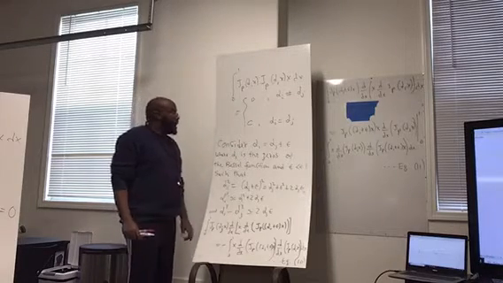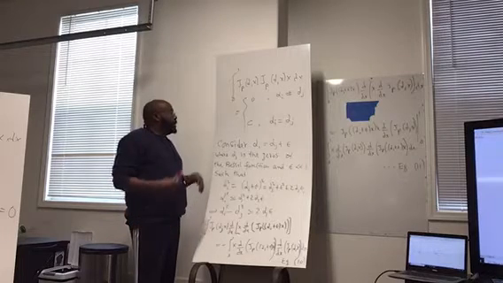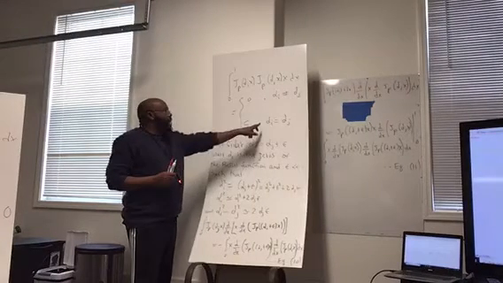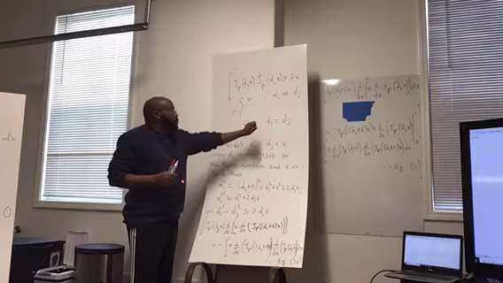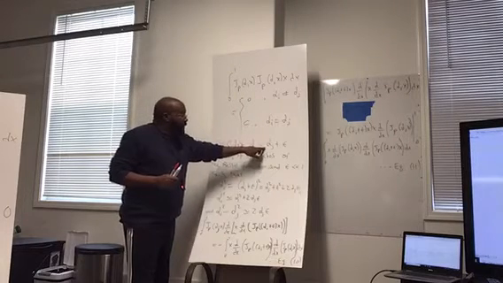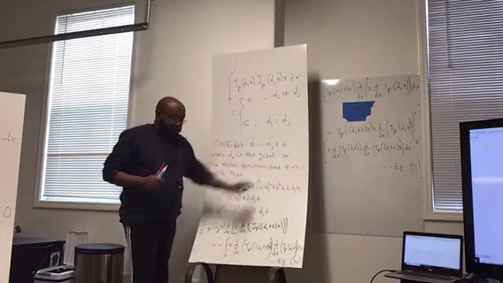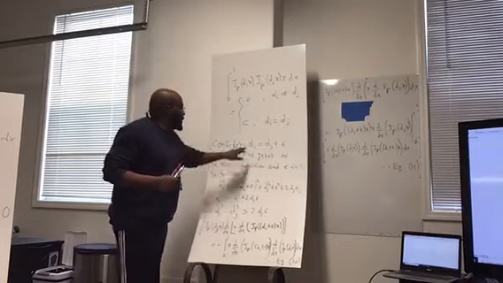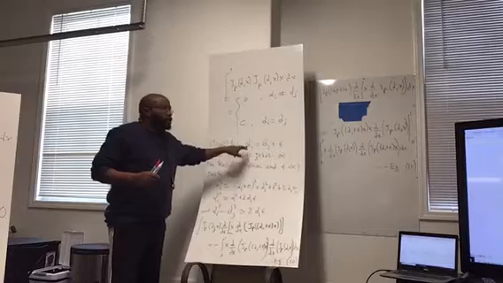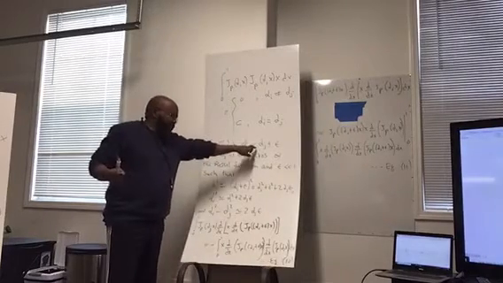To this end, we will consider alpha i to be alpha j plus epsilon. Okay, what does that mean? That means we are considering alpha i to be in the neighborhood of alpha j.